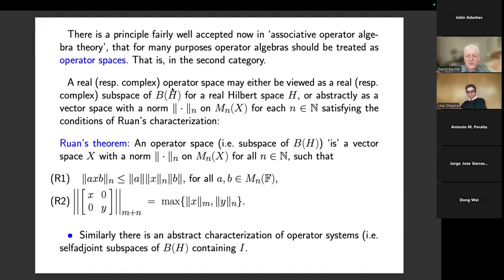Self-adjoint operator algebras very often don't need to be treated as operator spaces, but of course, in that case, you still have the operator space structure going on. It's just a lot more automatic for self-adjoint algebras. For non-self-adjoint algebras, the operator space structure is not automatic, and so you really have to make that distinction.